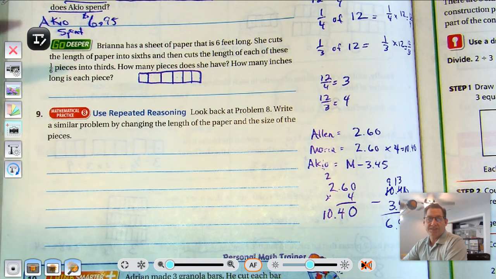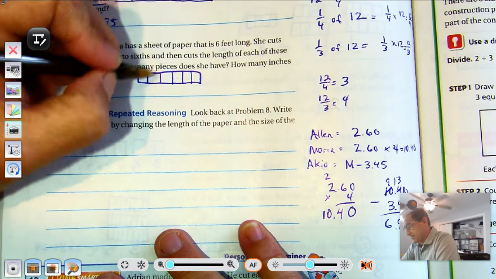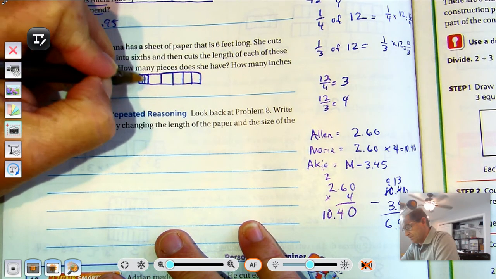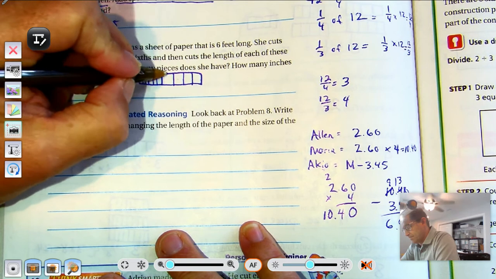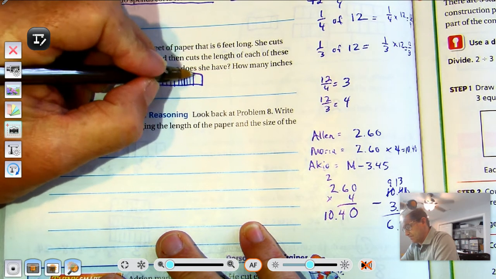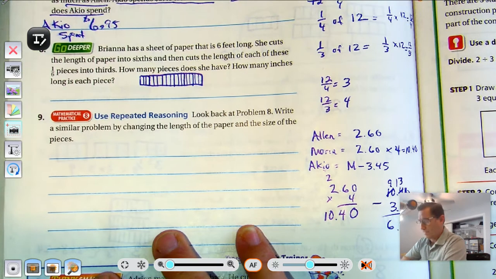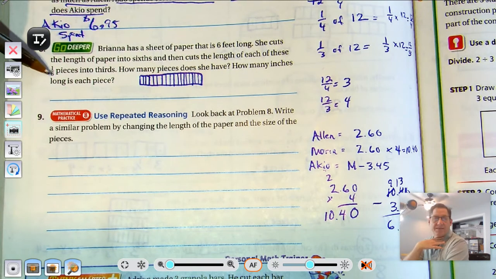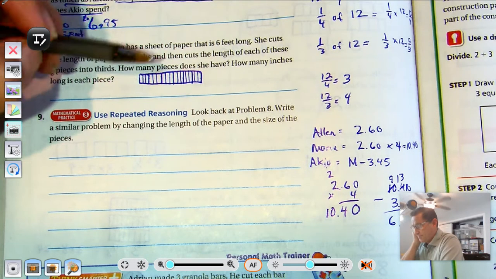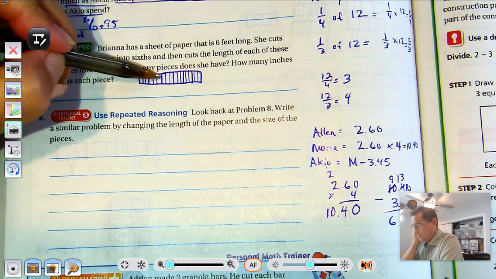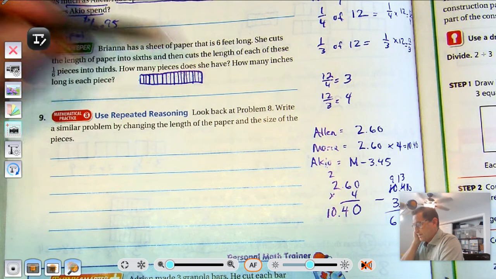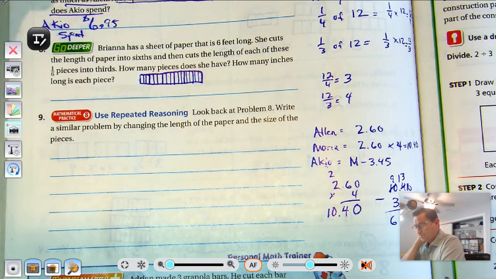But now she takes each of those sixths and divides them into 3 more pieces. So she takes each of the 6 pieces and divides them into thirds. So that should be 18 pieces, right? So 18 pieces.